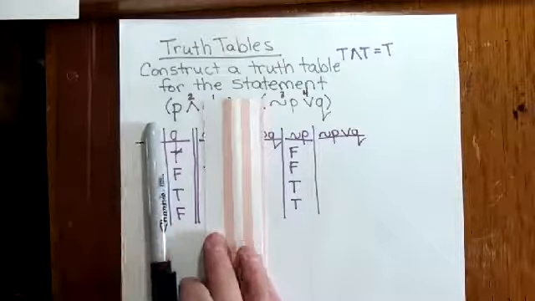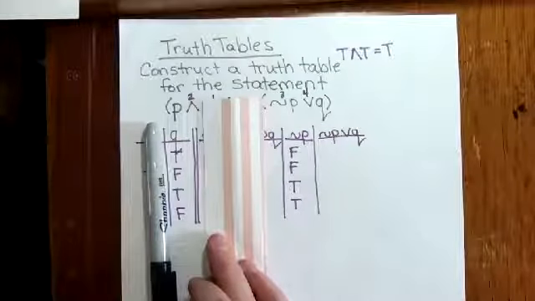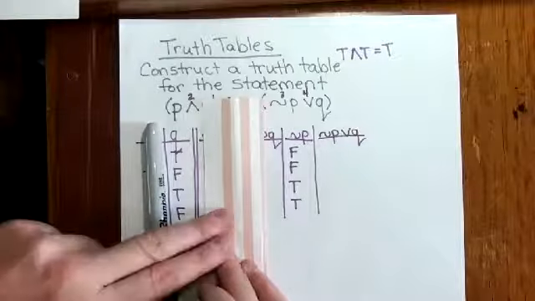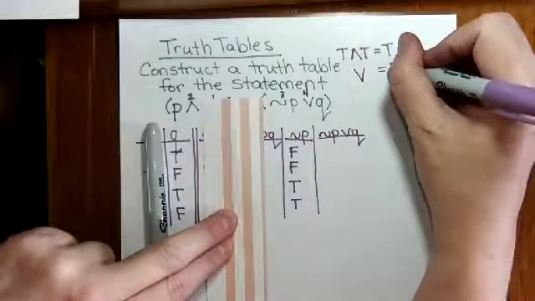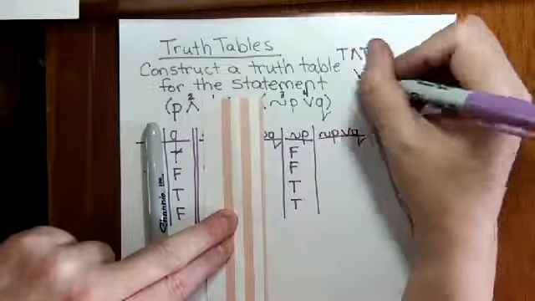Cover up our other columns. We have Q, not P or Q. The key point for OR is the only thing that makes an OR false is if both components are false.